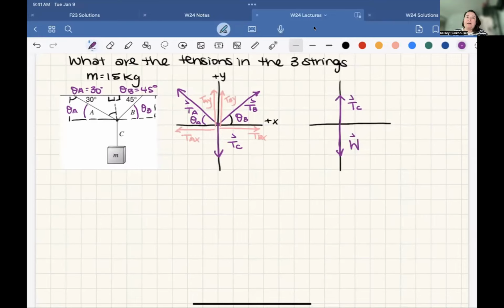So now we have equations for forces. We should, or sorry, getting ahead of myself. We have free body diagrams, so we should get equations for forces now.